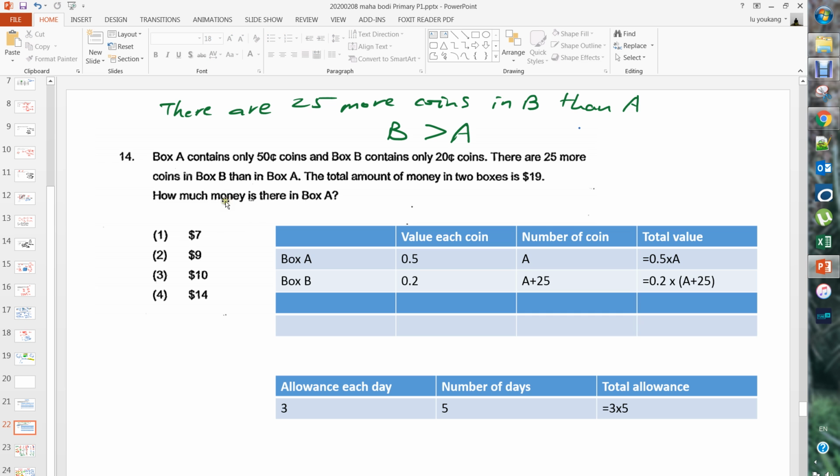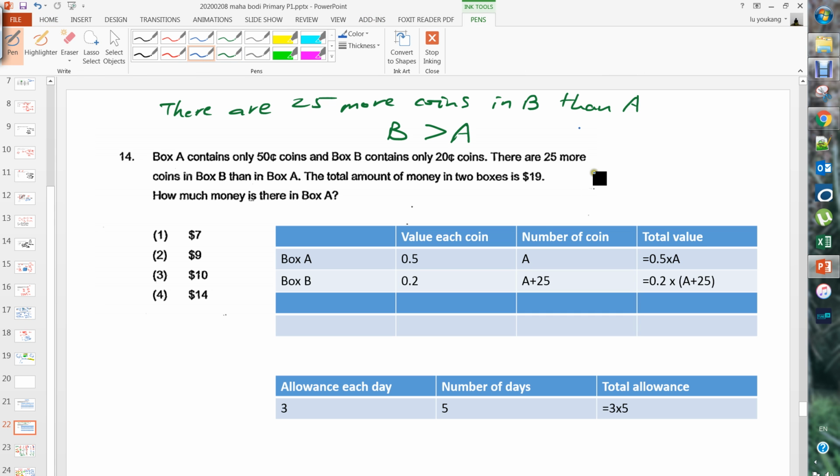Okay. Let me do it here. First arrow, I get what? 0.2 times A. Copy down the plus. 0.2 times 25, and calculator.